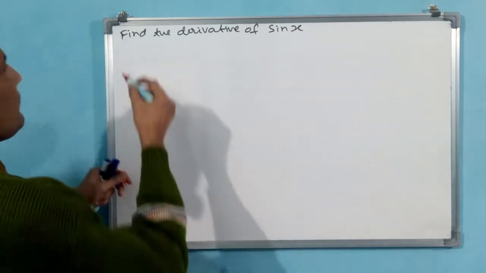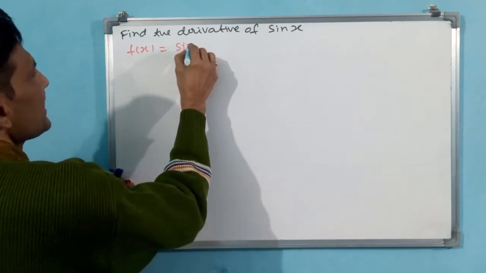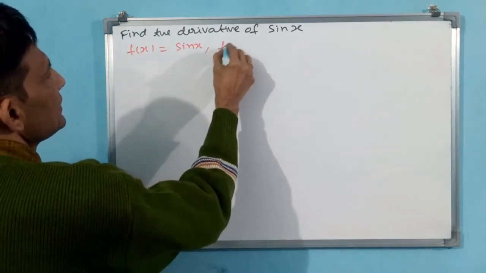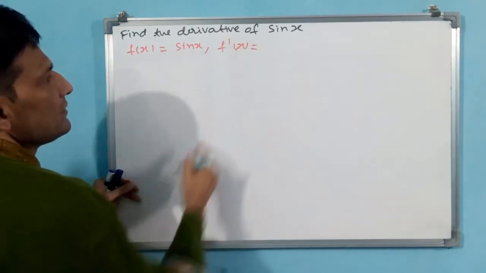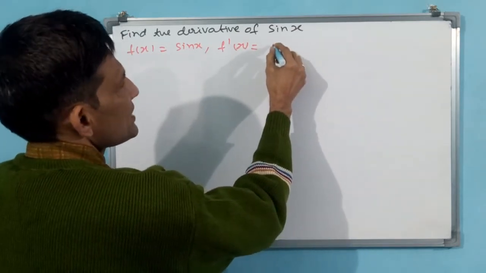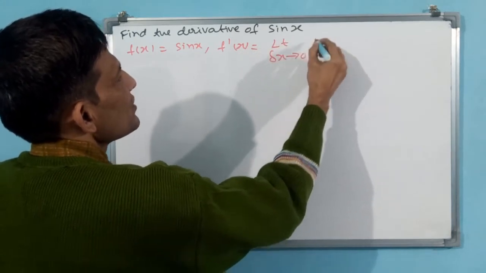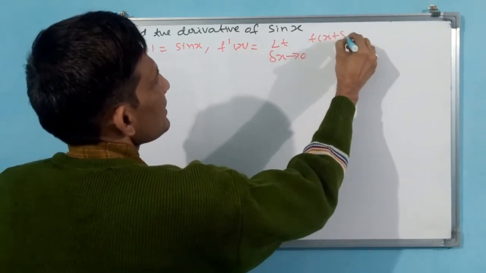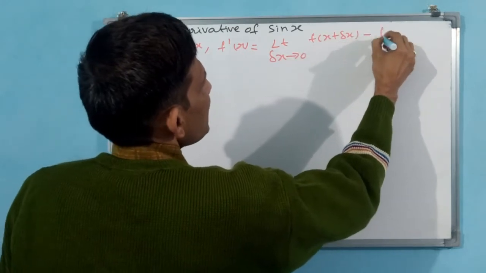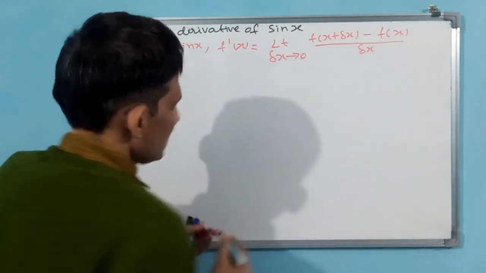Let f of x equal sin x, f dash x is equal to, see what I am writing now. First I will write the standard formula, then I will write this one. Limit delta x tends to 0, f of x plus delta x minus f of x divided by delta x.